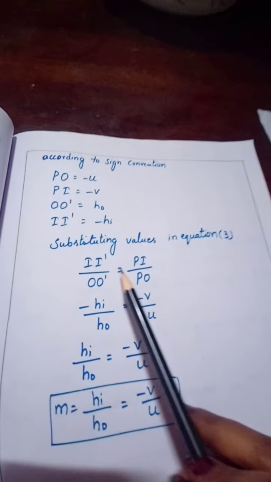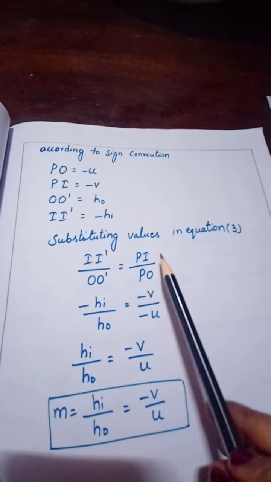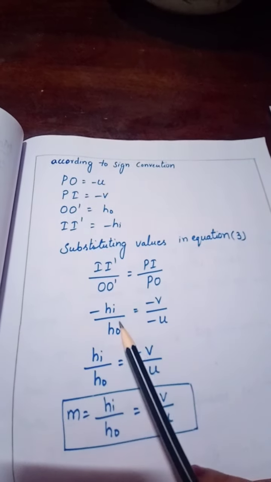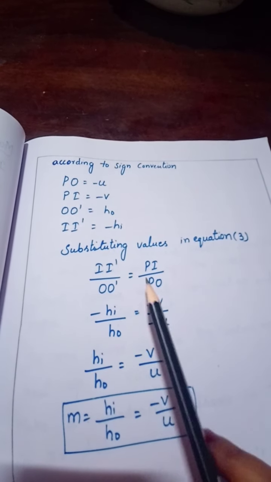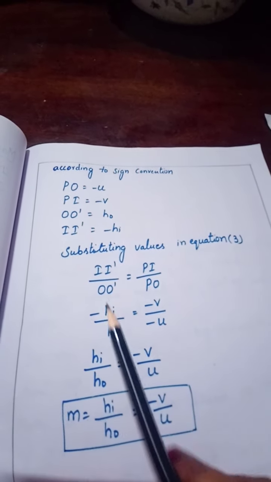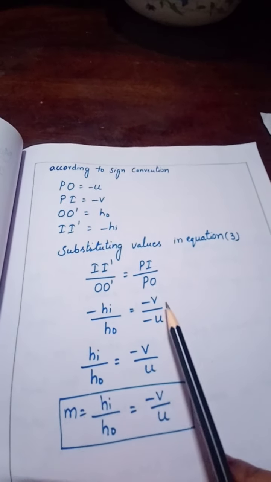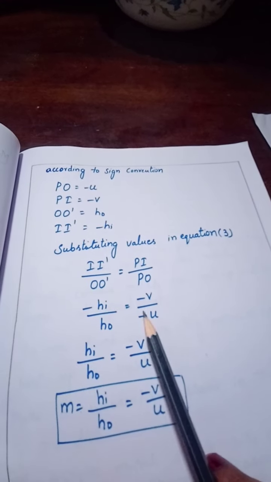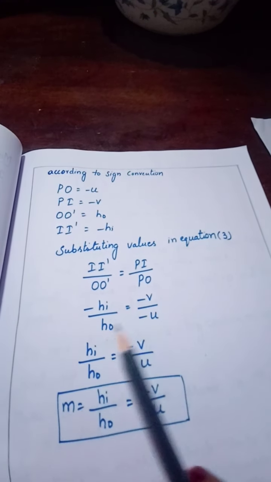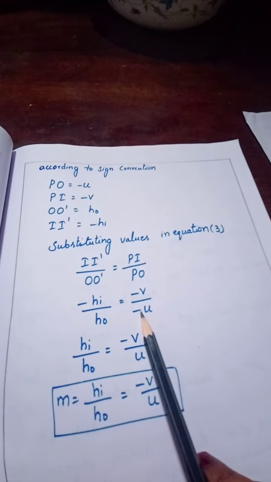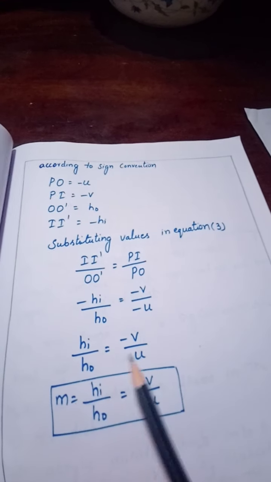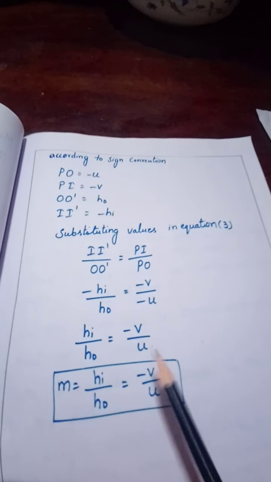II dash by OO dash is equal to PI by PO. So this is minus HI by H naught is equal to, II dash is HI, OO dash is H naught: height of the image, height of the object. Image distance, object distance. The minus and minus both cancel, and minus is taken to this side. HI by H naught is equal to minus V by minus U. This is called magnification.